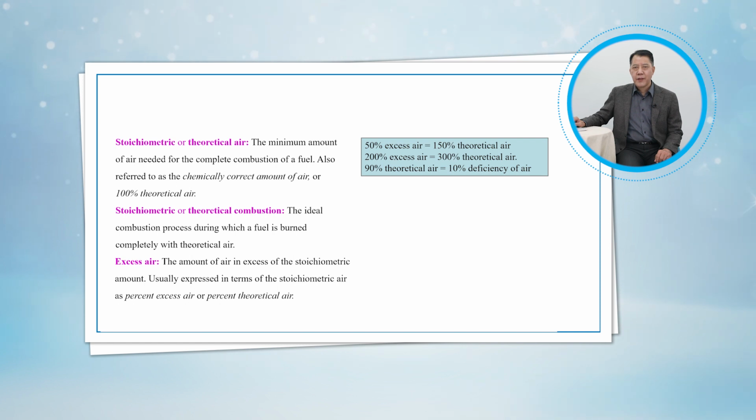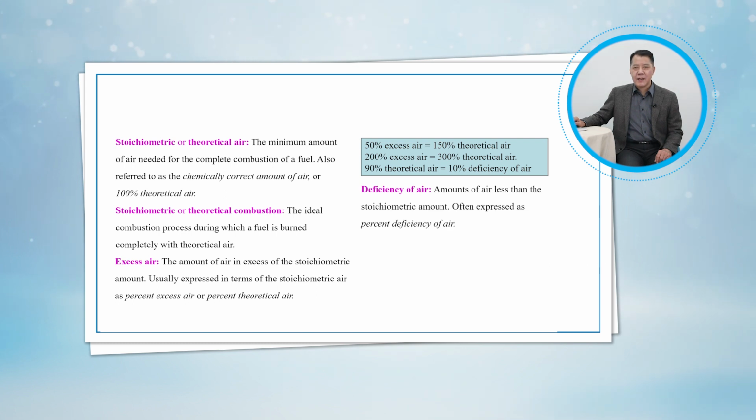For example, 50% excess air is equivalent to 150% theoretical air, and 200% excess air is equivalent to 300% theoretical air. Of course, the stoichiometric air can be expressed as 0% excess air or 100% theoretical air.